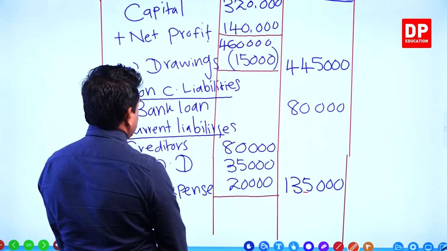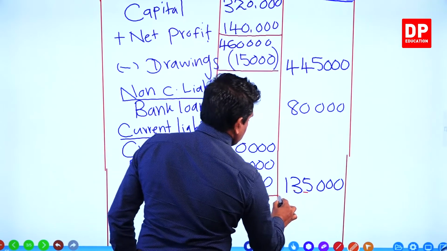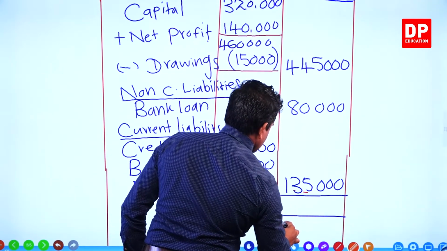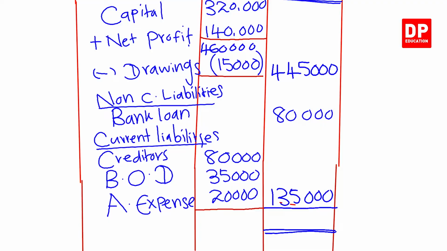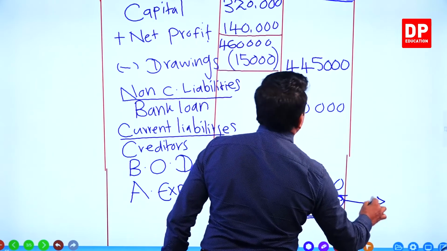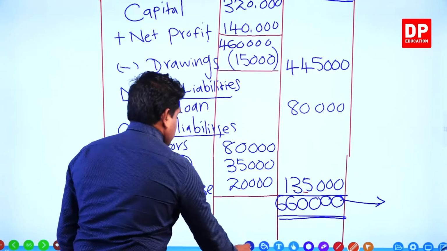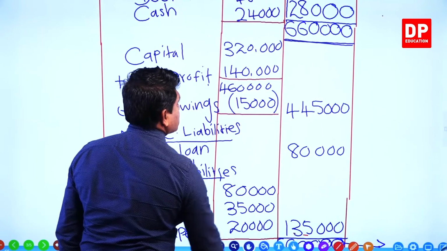Now you see the total. 0, 0 and 0. 5 plus 5, again 0. 3 plus 1, 4, 12, here also 6. This side also 660,000, above also 660,000. If you want, you can see it again, same answer, right?